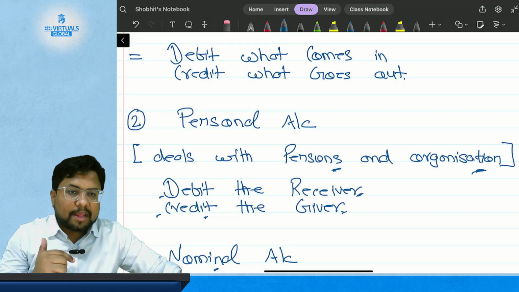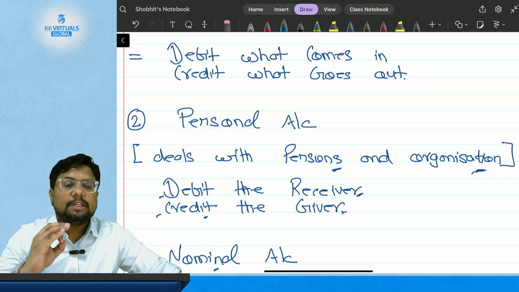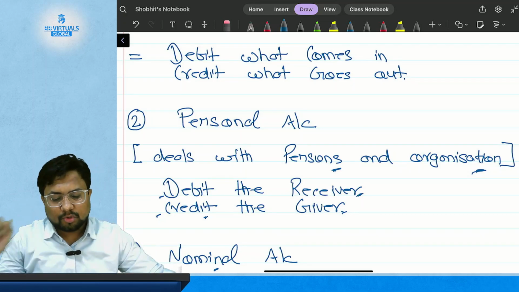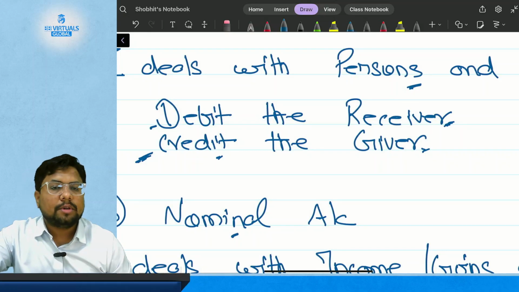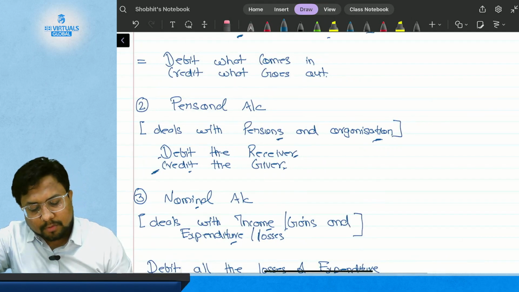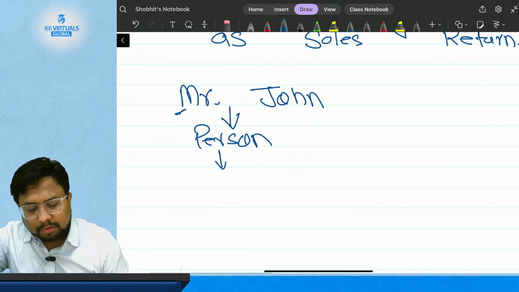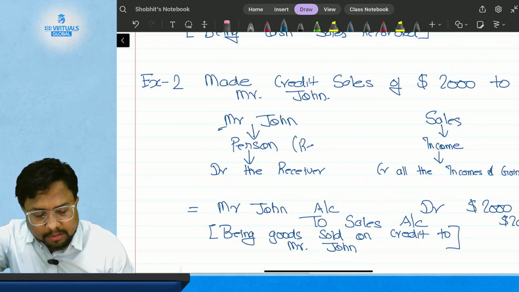So for my books, who is the giver? Mr. John is the giver, and I am the receiver. When it comes to the giver, the rule says credit the giver. Mr. John is a person who is also a giver in this case, and he was the receiver in illustration number 2.